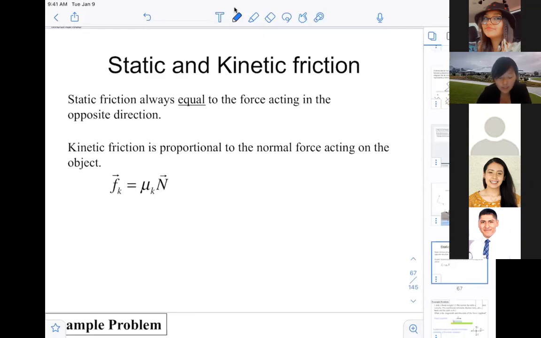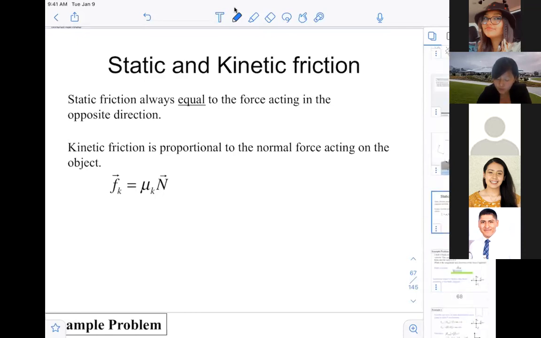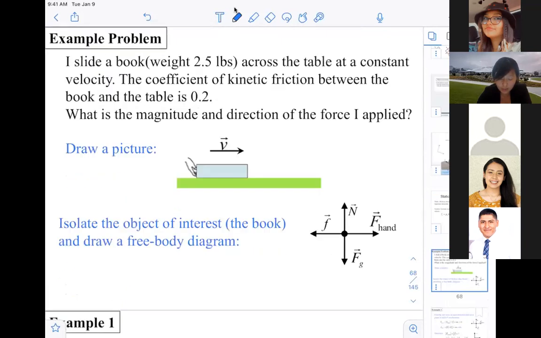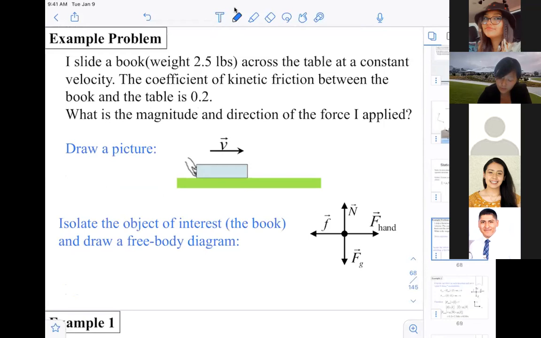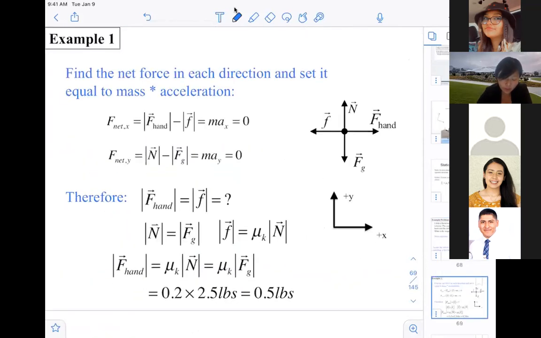So if we have that equation, we're now able to solve the very first problem we began our class with today, which is finding out the magnitude of the force you applied. We know that the force from the hand is equal to kinetic friction, and kinetic friction is mu times the normal force, okay?